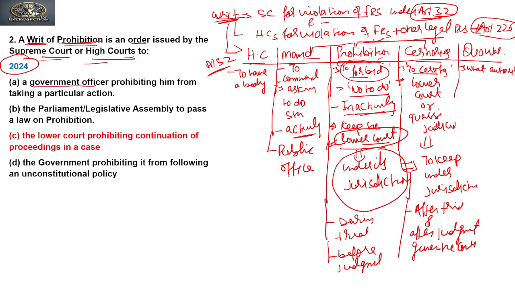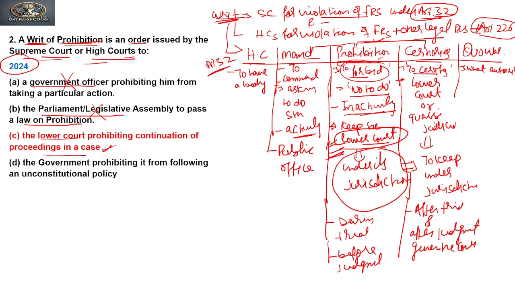No, as we have seen, prohibition and certiorari are only issued to a judicial or quasi-judicial body, so it is not against a government official, so this cannot be our answer. Is it issued to Parliament or a legislative assembly? No, it is also not issued to Parliament or a legislative assembly to pass a law. Then C, the lower court, prohibiting continuation of proceedings in a case.